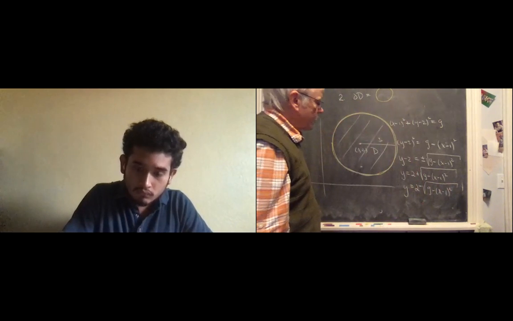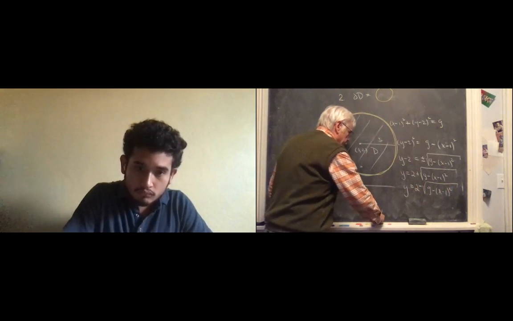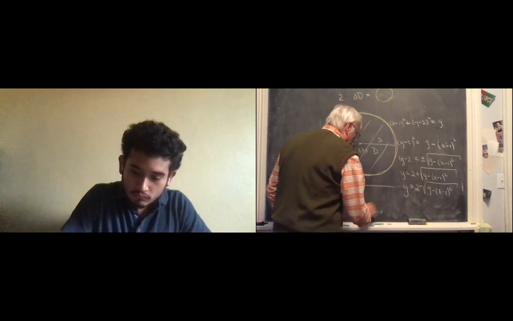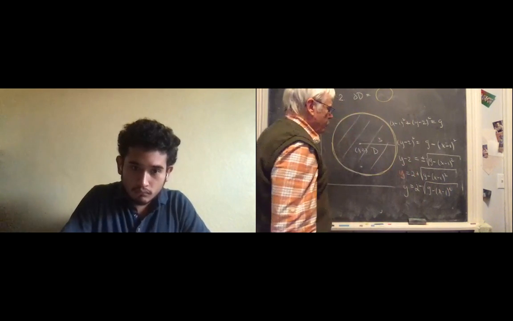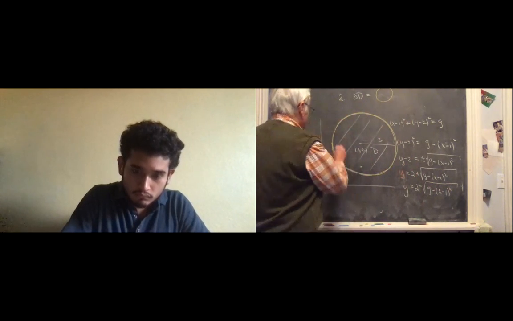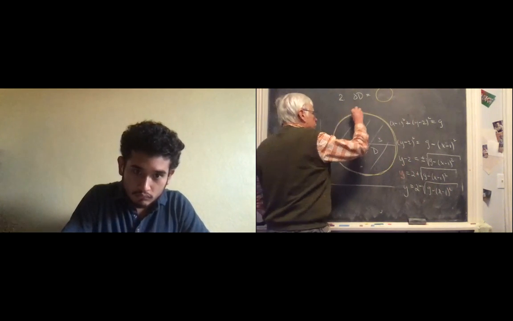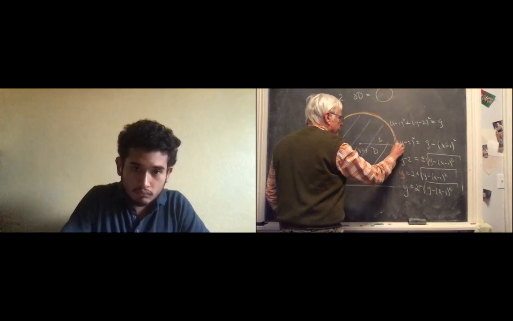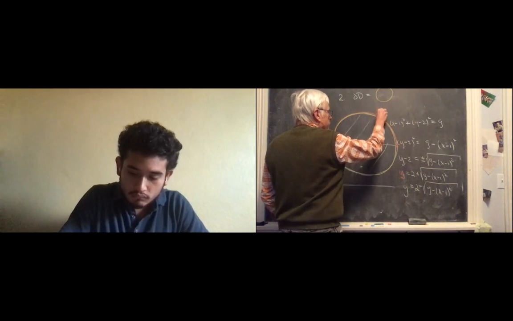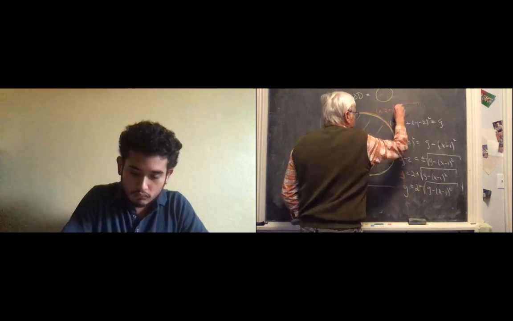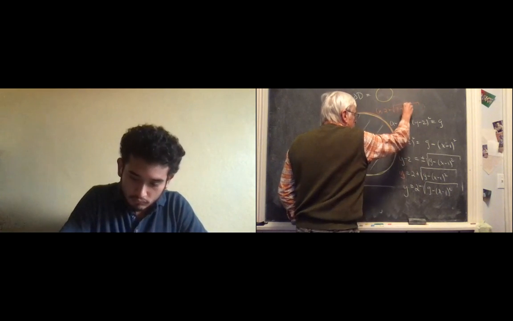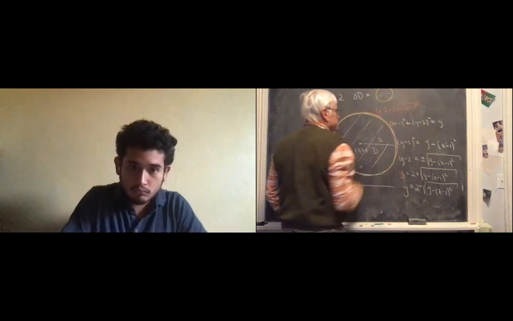Okay, now the first one I will put in red, the red y. The red y parameterizes the top half of this. So these are the points x and then 2 plus the square root of 9 minus x minus 1 squared.